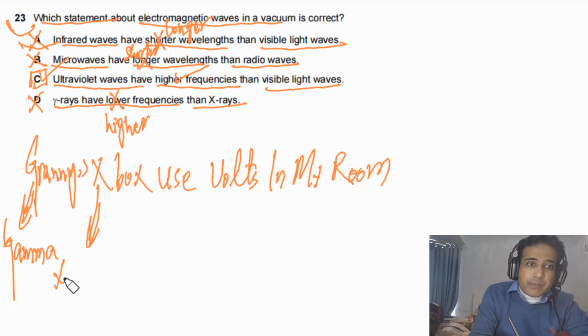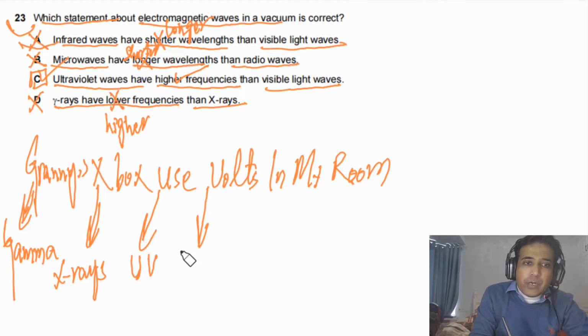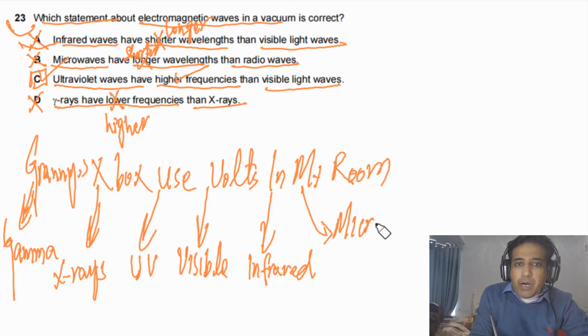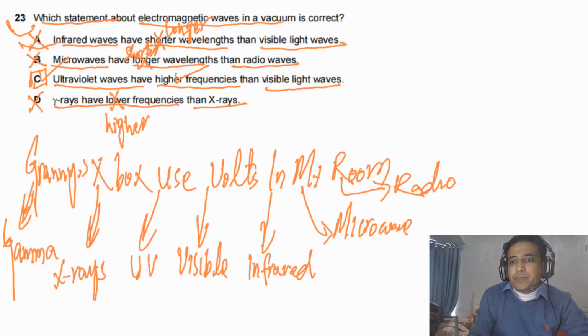X is representing X-rays here, and U is for UV light, V for visible light, and I for infrared. M for microwaves, and R for radio. So this is the order, and I hope you are very clear about this one.